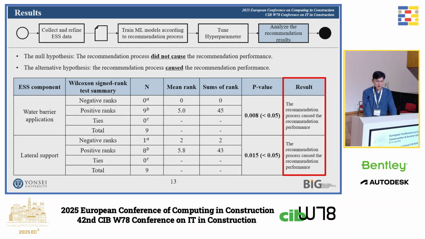The results show that the p-values of both the ESS components and design parameters were below 0.05, which indicates a statistically significant difference. Therefore, we accepted the alternative hypothesis that the recommendation process had a significant effect on the recommendation performance.